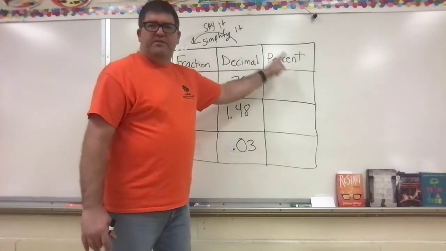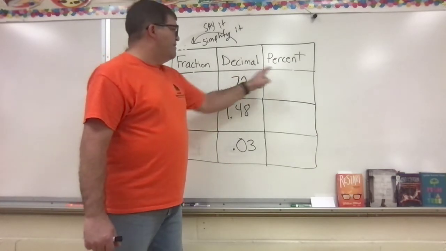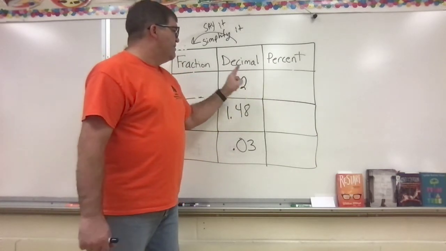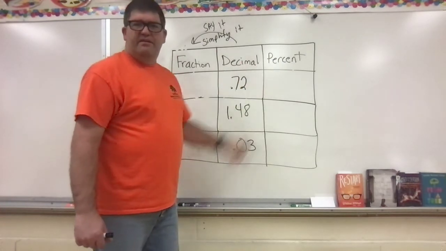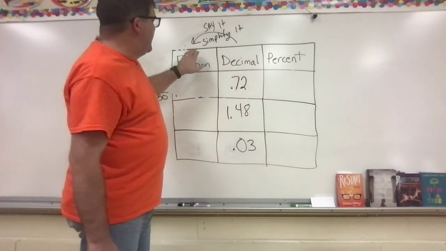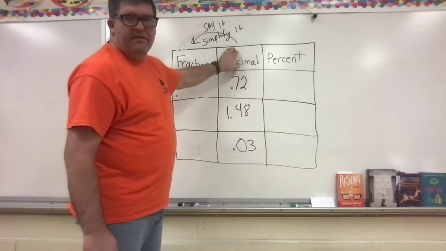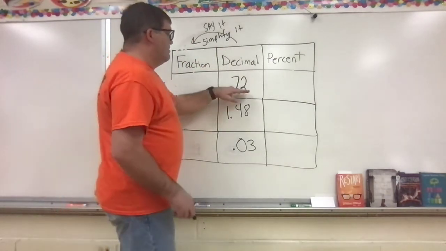We're not going to do those big jumps. Because if you know how to go from here to here, and here to here, and here to here, and here to here, then you know how to skip around and get to each one. Okay? So from here to here, you just divide it, and you get this decimal.